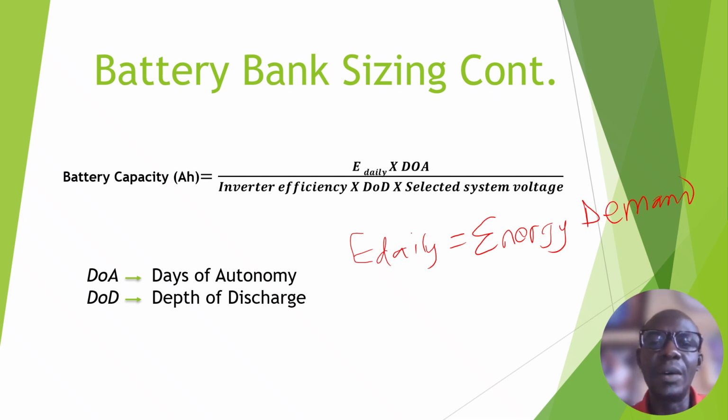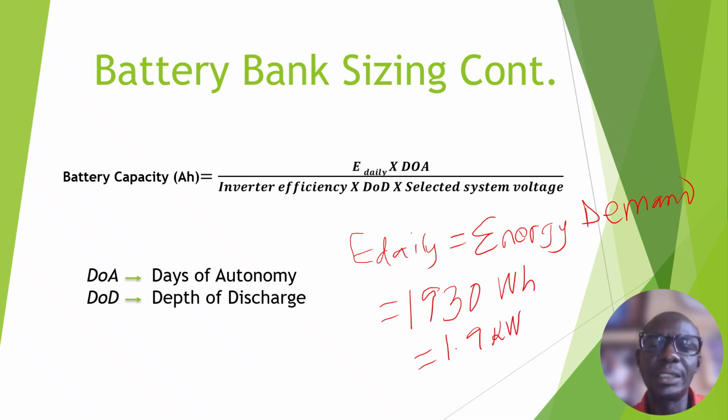In our own case, if you follow the table, we got 1930 watt hour. This is the same thing as 1.9 kilowatt hour. Just divide the 1930 by 1000, so it gives us 1.93 kilowatt hour. That's the total energy demand.